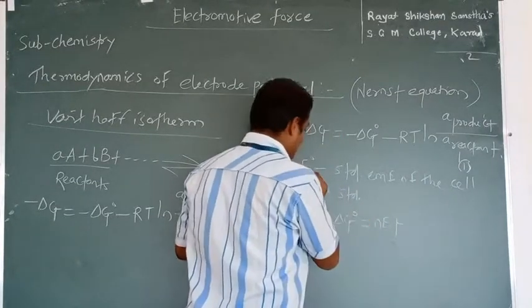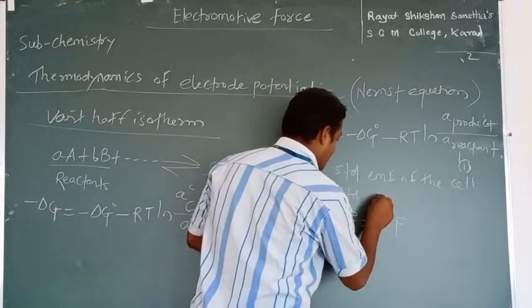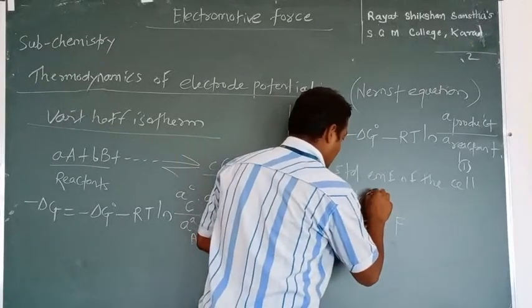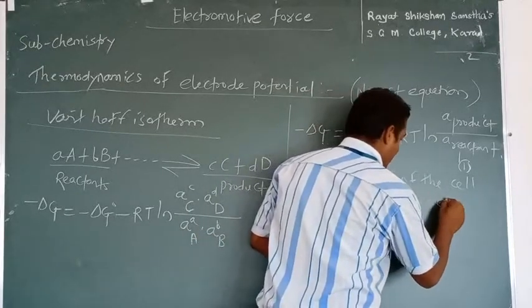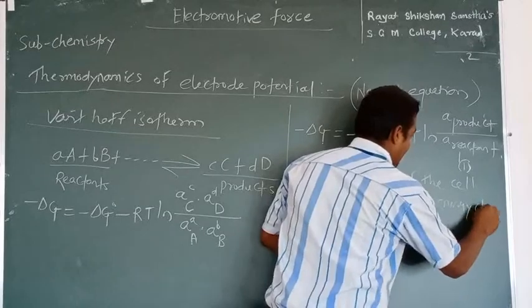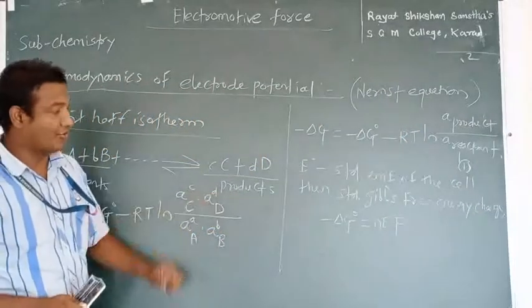Because we have considered the standard EMF of the cell, we have to consider the standard free energy change. Free energy change is given by this equation.